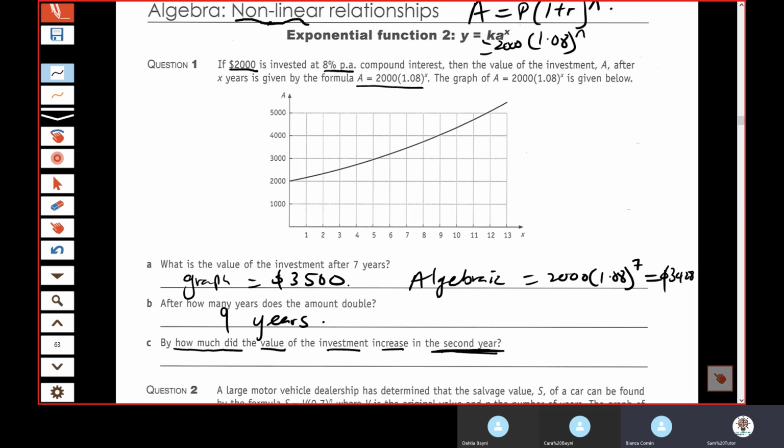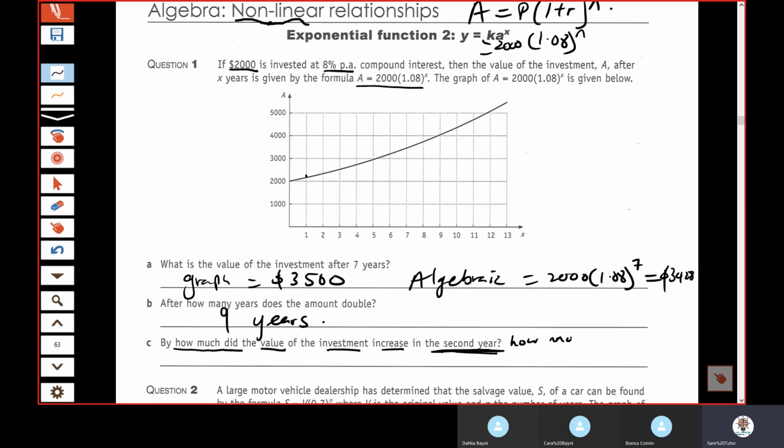Well, if I'm looking at the graph, it's whatever the 1 year is. Why'd you say the 1 year? Why didn't you say the second year? I don't know. Your logic is right, but why? Because you have to show how much it increased from the past year. Yeah, beautiful. Let's just write that.